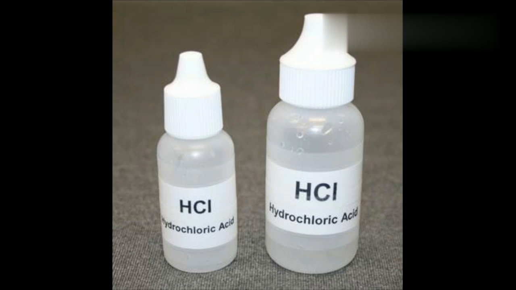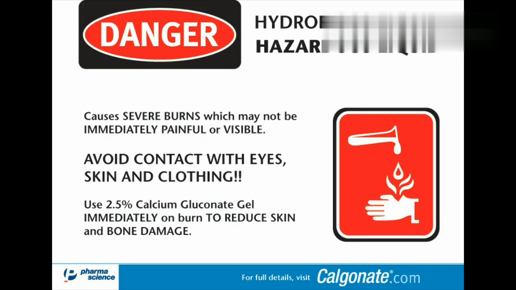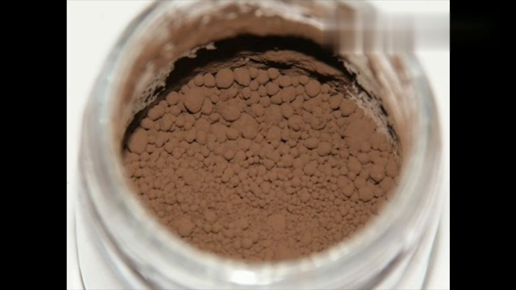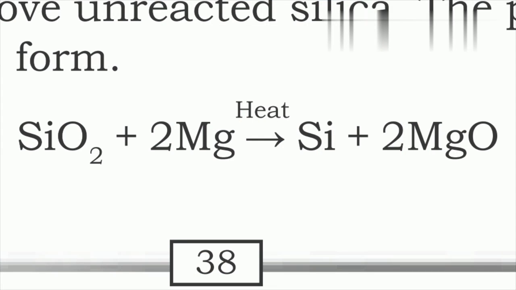The product is washed with dilute hydrochloric acid to dissolve magnesium oxide, a basic impurity. Then it is washed with hydrofluoric acid to remove unreacted silica. The powder left behind is silicon in its amorphous form. SiO2 + 2Mg gives Si + 2MgO.